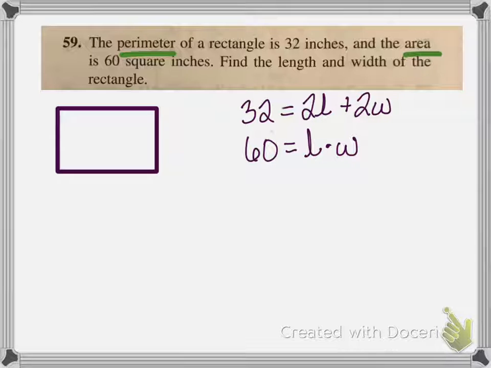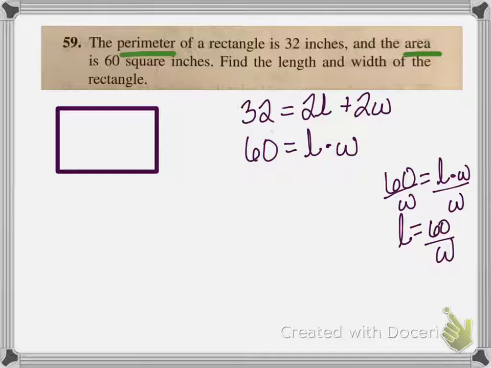So what we're going to do is take this 60 equals length times width, and I'm going to solve for L. So now I've got the length equals 60 divided by W. So I just solved for L. So I'm going to take this 60 over W, and I'm going to put it in for this L up here. That's how I'm going to solve that.